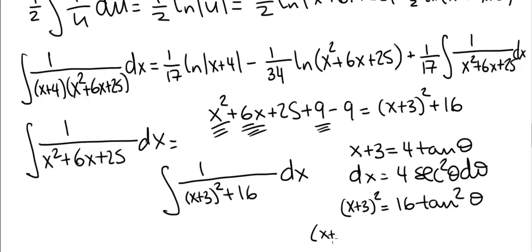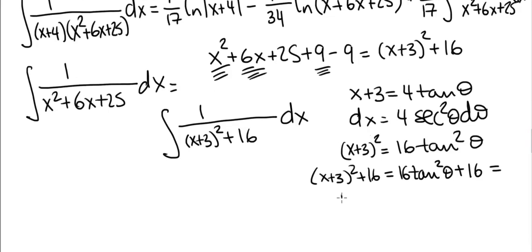And (x plus 3) squared plus 16 is equal to 16 times tangent squared theta plus 16, which is equal to 16 times (tangent squared theta plus 1), or 16 times secant squared theta.